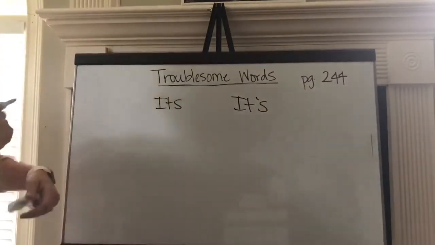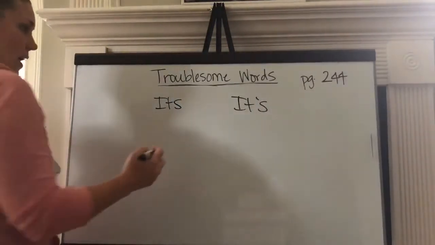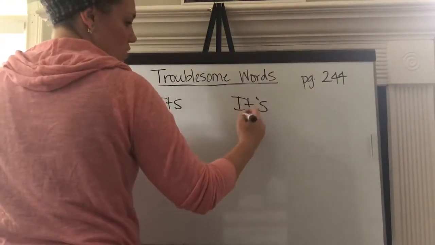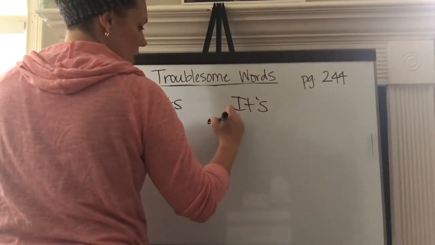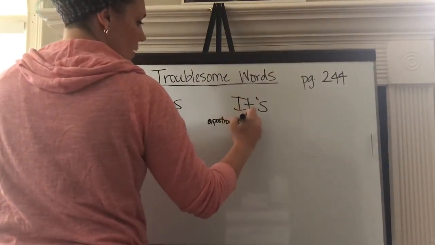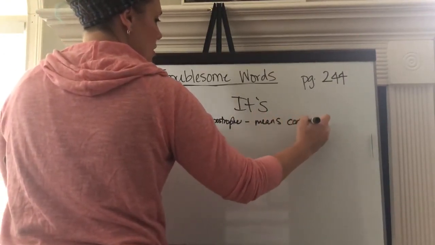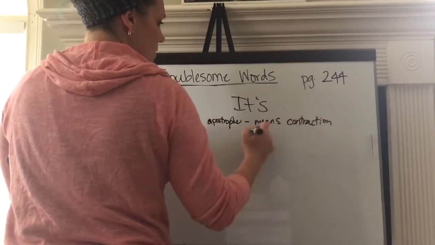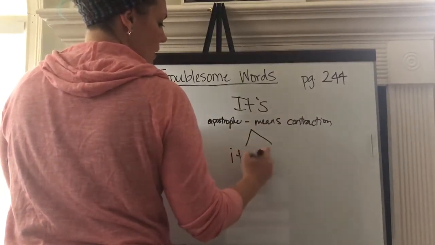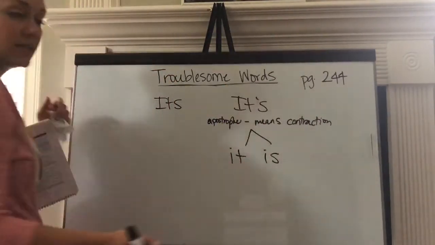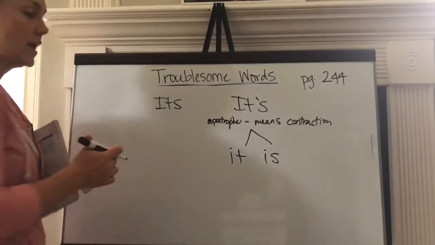Okay, these two words, it's and its, okay? Remember, if there's an apostrophe, I'm going to write it here, apostrophe means contraction. This is literally the words "it is" joined together as a contraction, okay?